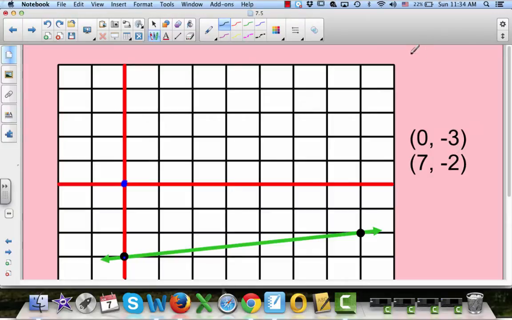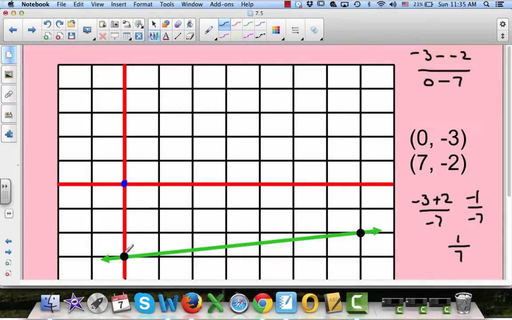So that's negative 3 minus a negative 2 over 0 minus 7. It's always going to be minus, okay? So then that gives us negative 3 plus 2, because minus minus makes positive, over negative 7. And that gives us negative 1 over negative 7, which gives us 1 over 7.